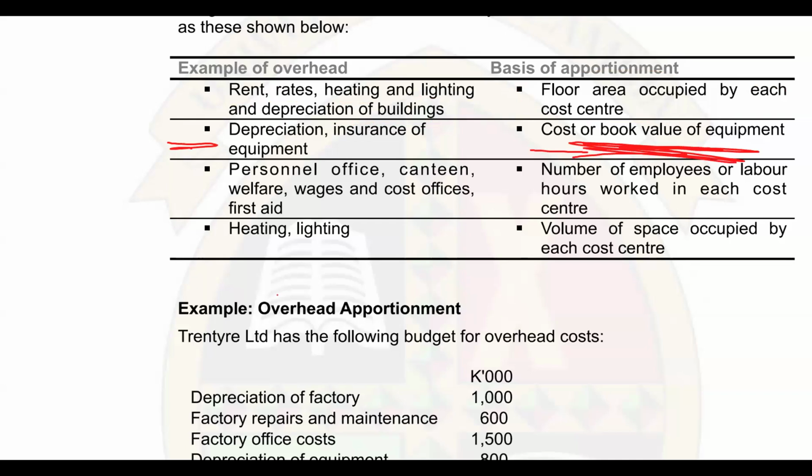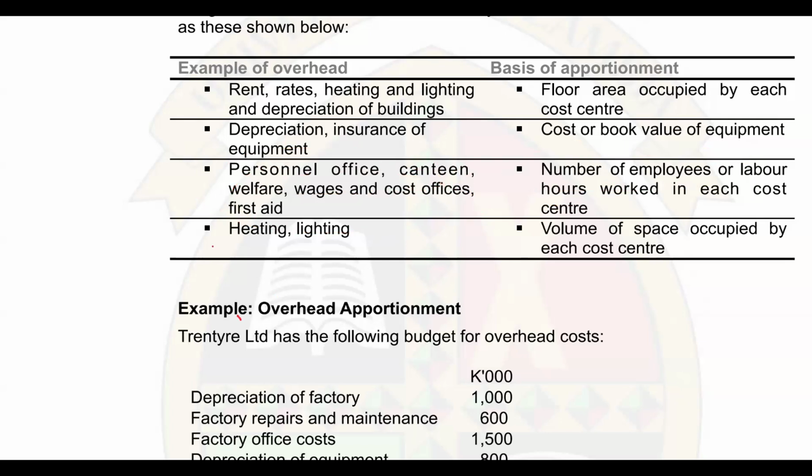But for overheads such as the personnel office, the canteen, wages, cost offices, and first aid, among others, you can use the number of employees or the labor hours worked in each cost center. Those are the two most appropriate. If the cost you are allocating falls under any of these, you should use those as the most appropriate basis of apportionment.